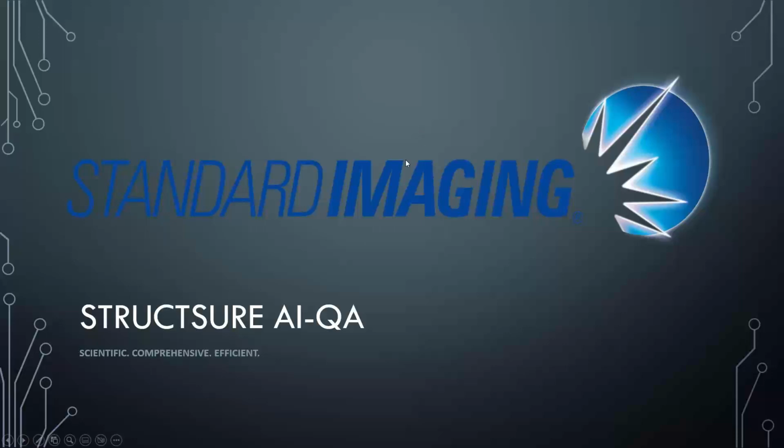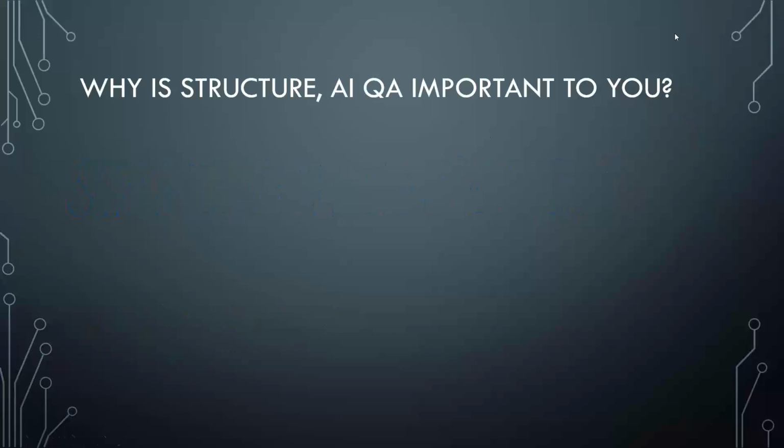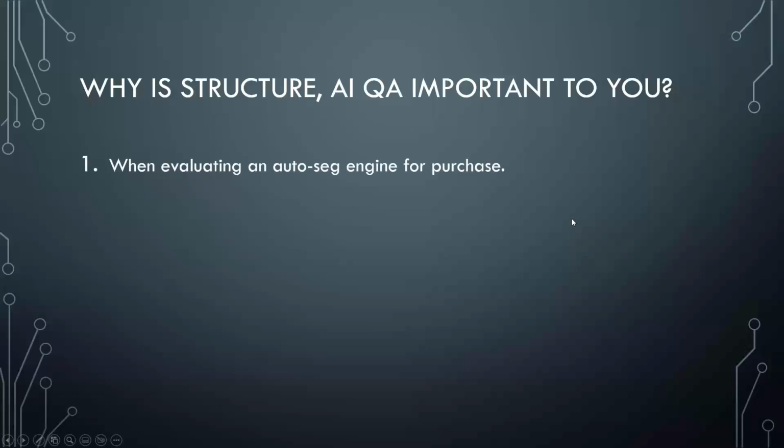So great. Let's talk a little. Why would I even need something like this? Why is it important to you? Well, first of all, Structure AI QA is a great tool for evaluating an auto seg engine before purchase. Five to ten years ago, auto seg engines were super new on the market, and they were just okay.